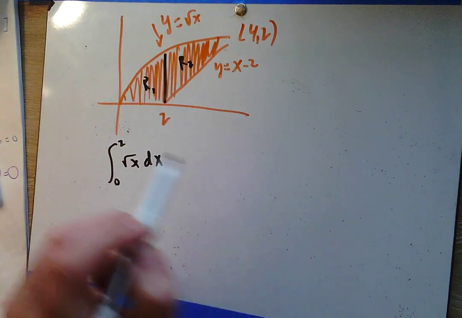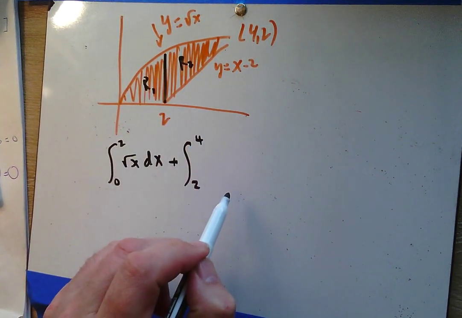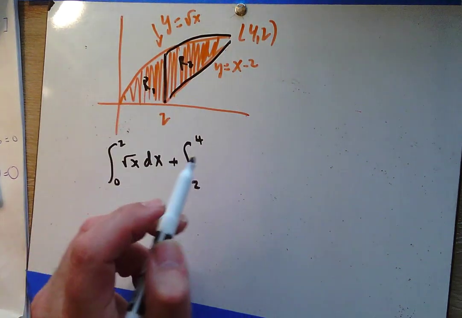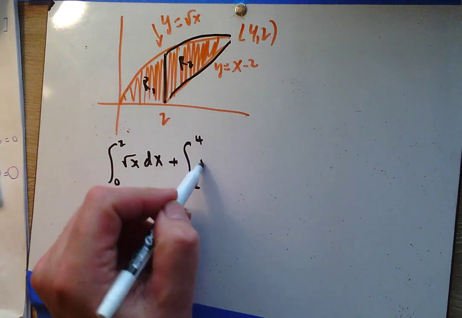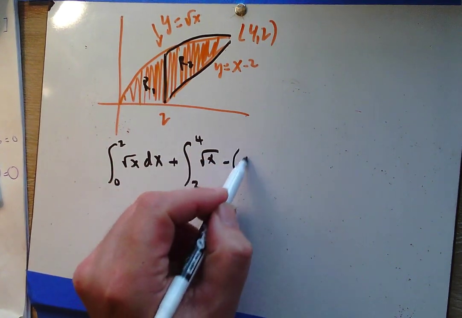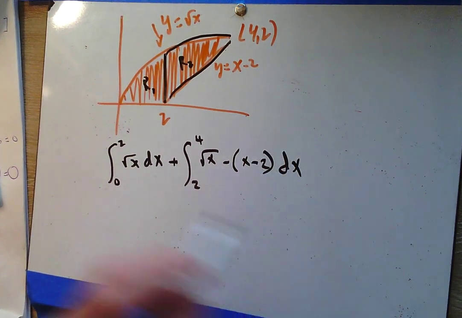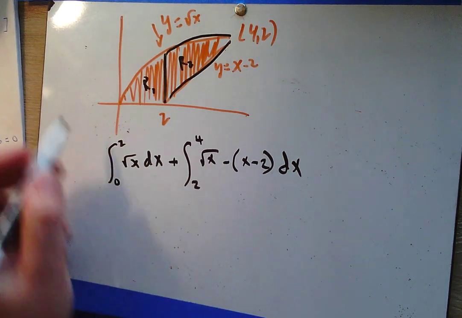But what about region 2? Well, for region 2, I have to go from 2 to 4 of top minus bottom. Top minus bottom is going to be square root of x minus (x minus 2) dx. So if this is correct, then we should also get 10/3.